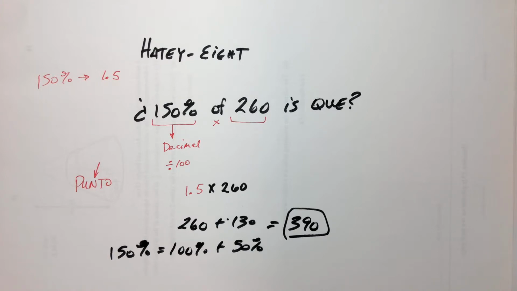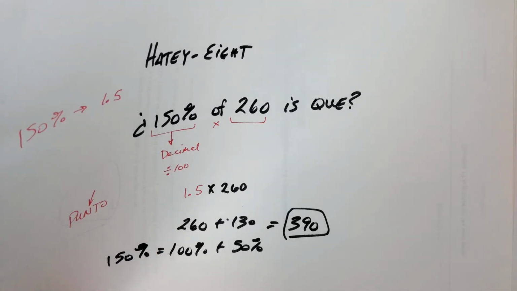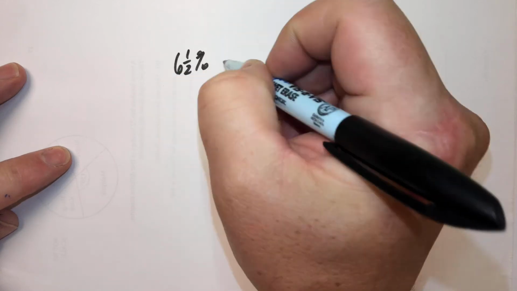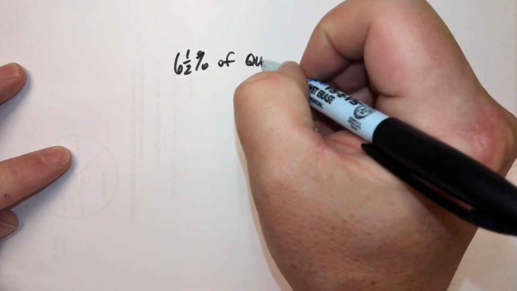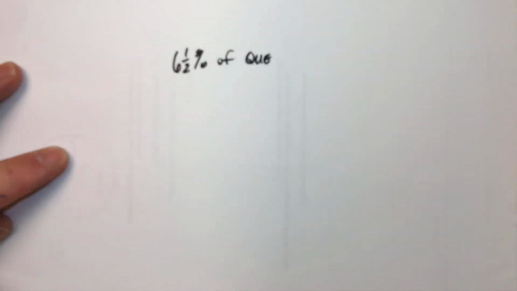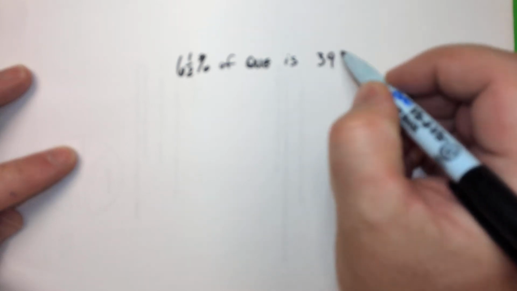All right. We're going to do 97. Okay. 97. 6.5. Ooh, this one's tricky.